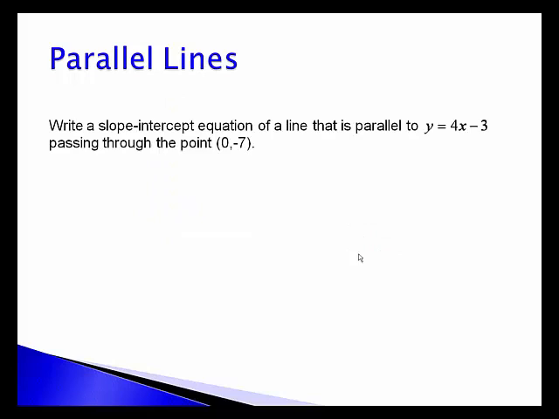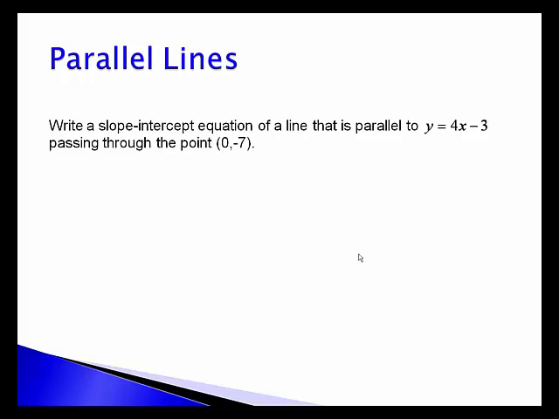Let's continue now and do some more with parallel lines. First of all, we would like to write a slope-intercept equation of a line that is parallel to y = 4x - 3, passing through the point (0, -7). Now this has a lot of similarities to what we did last lesson, except we didn't have that parallel part added in.